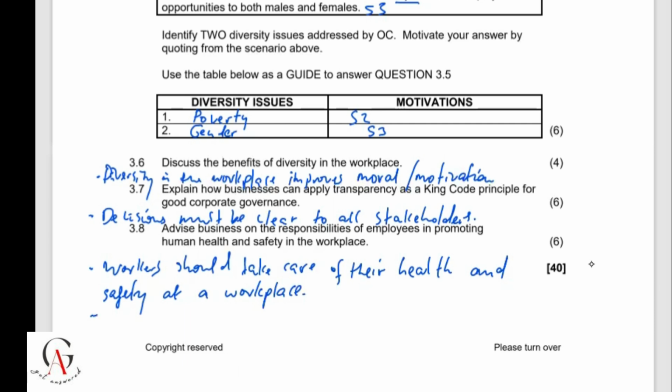And also report accidents to the employer by the end of the shift.